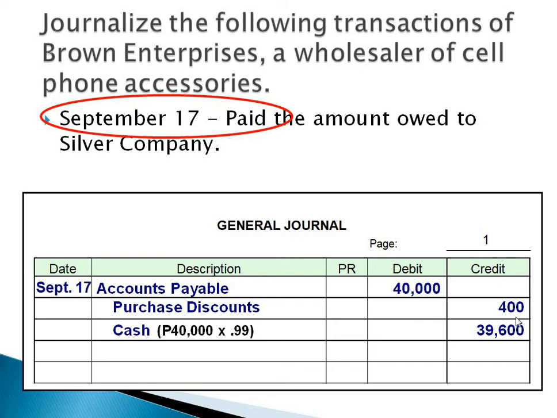So again, my advice is compute for the cash by multiplying 40,000 by 0.99 to get 39,600, and then check if your total debit is equal to your total credit.